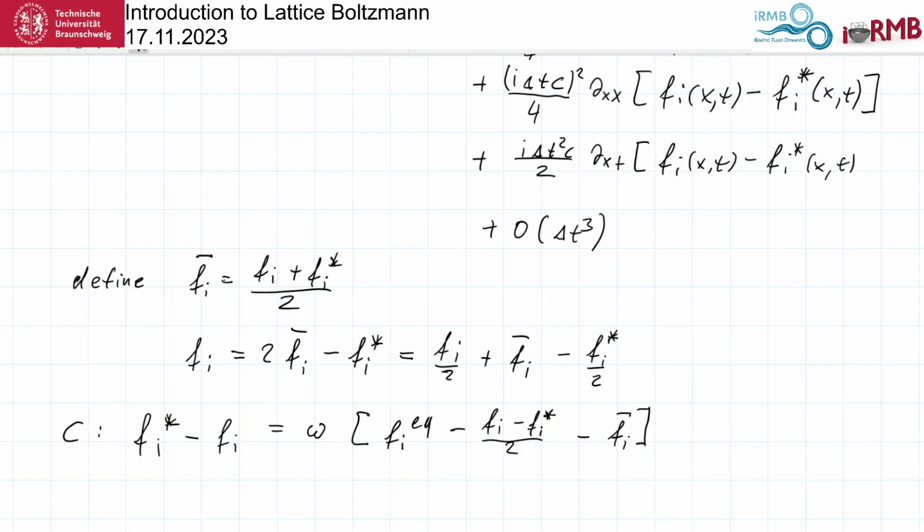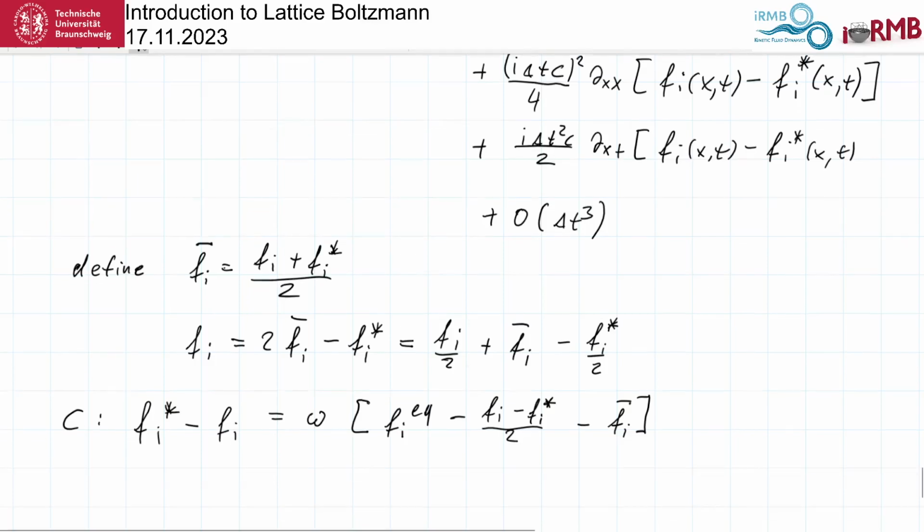Okay, so the problem with this before was, or still is, that this is an implicit equation, because fi is on both sides of the equation.